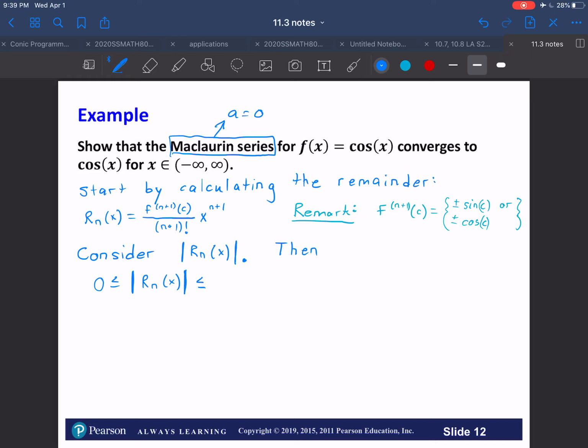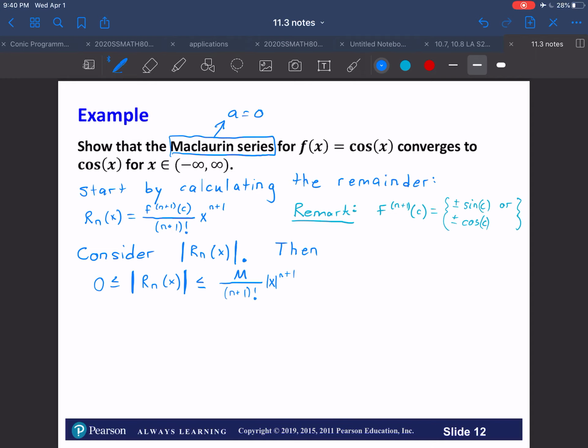And this remainder is then less than or equal to M over (n+1)! times the absolute value of x^(n+1).